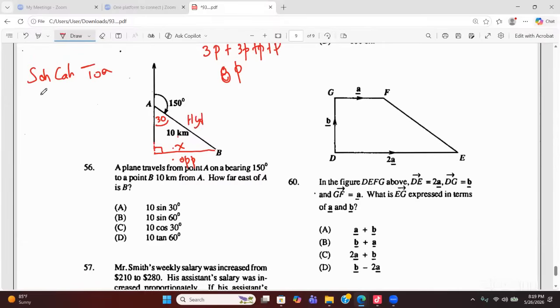So you're going to say the sin of 30 degrees is equal to the side that I want over the 10. And then to balance it off, 10 times the sine of 30 will give you x right here. The answer is A. All right.